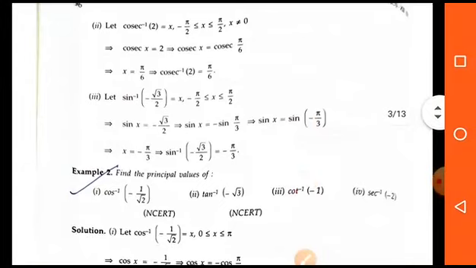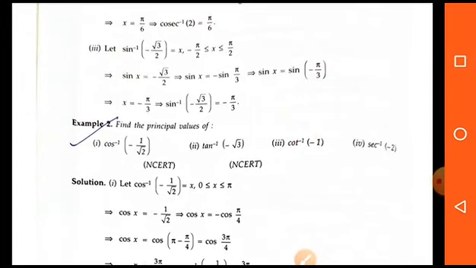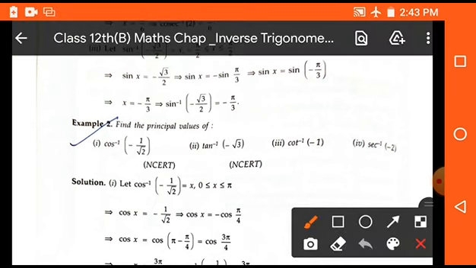And generally in this chapter, we will study the principal value of any function, means how can we find the principal value of any trigonometric function in the form of inverse. So we will discuss some examples, and with the help of examples you can easily understand how to find the principal value of inverse trigonometric function.